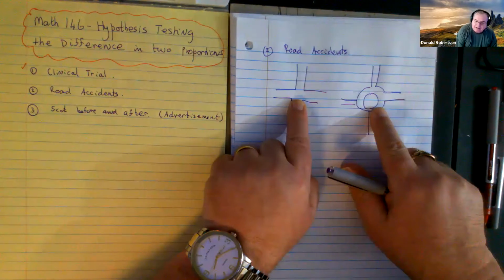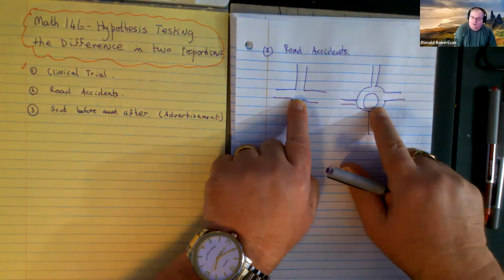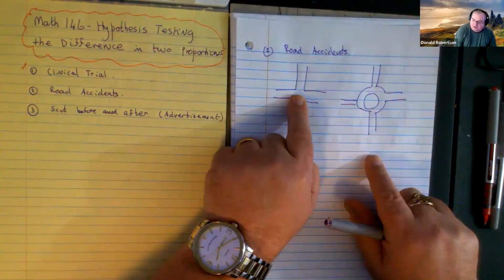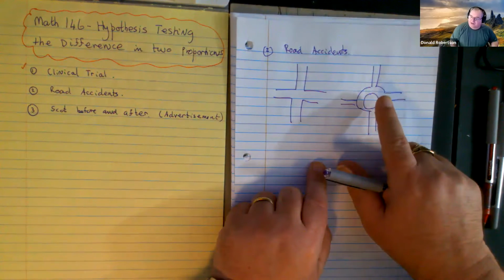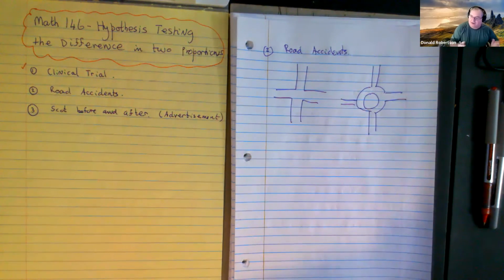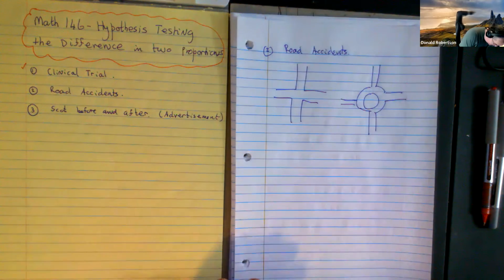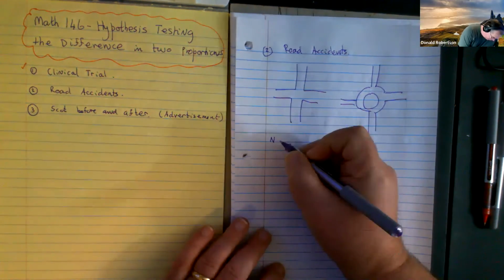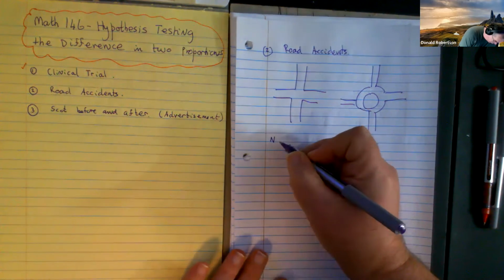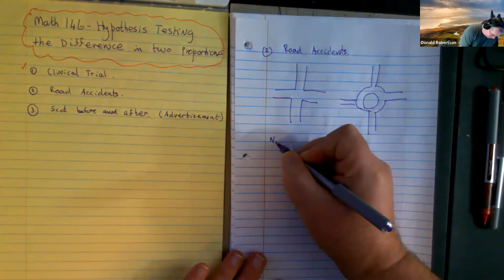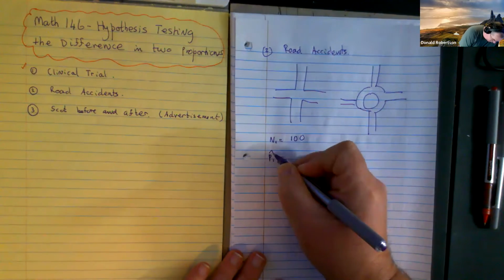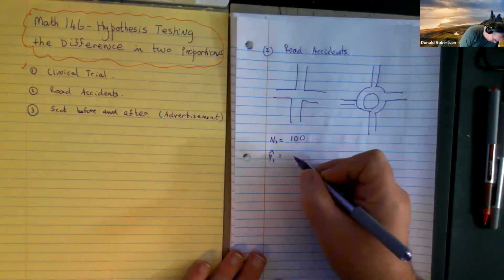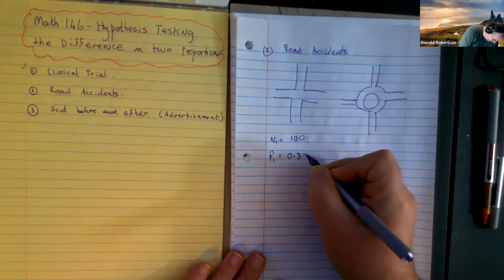They pick samples of places that look like this and similar places that look like this, and they collect data, maybe the last, I don't know how long, hopefully 30 years' worth of data. Here they looked at a sample of 100, and they found an accident rate of 35%.